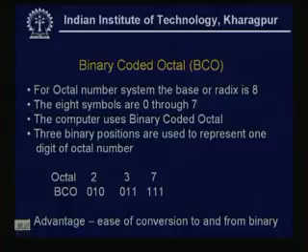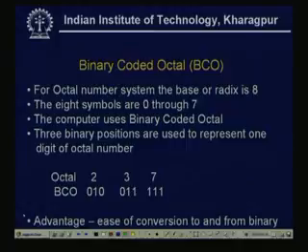So, first we see what is binary coded octal, normally we call BCO. For the octal number system, we have already seen that the base or radix is 8, and the 8 symbols are 0 through 7, means 0, 1, 2, 3, 4, 5, 6, 7.